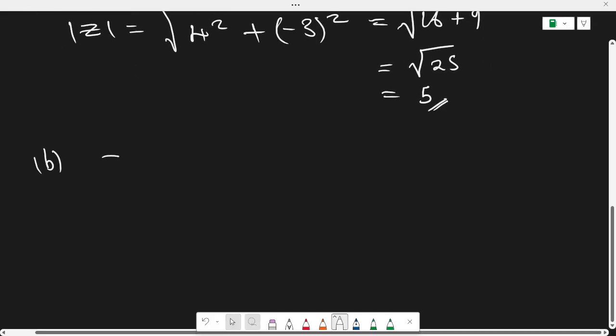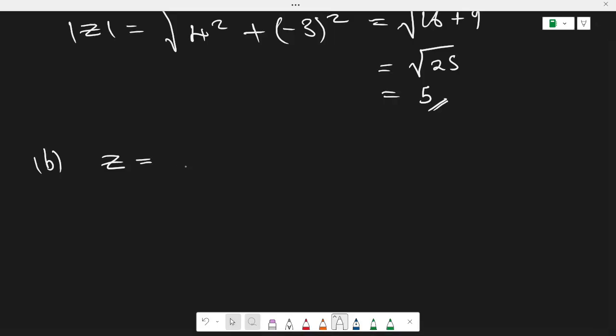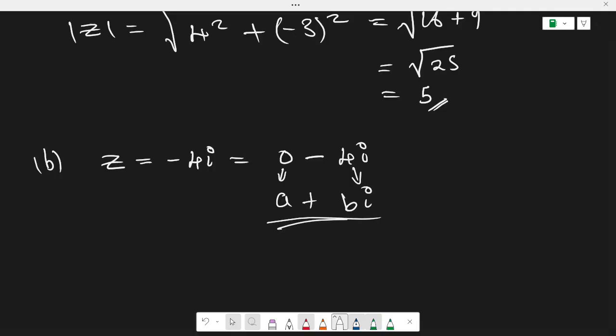Okay, moving on to the second example. Let's say we had z equal to negative 4i. You might be thinking that this is not in standard form, but let me explain. This is the same as 0 minus 4i. So the real part is 0 and the imaginary part is negative 4. So basically this is in the standard form.